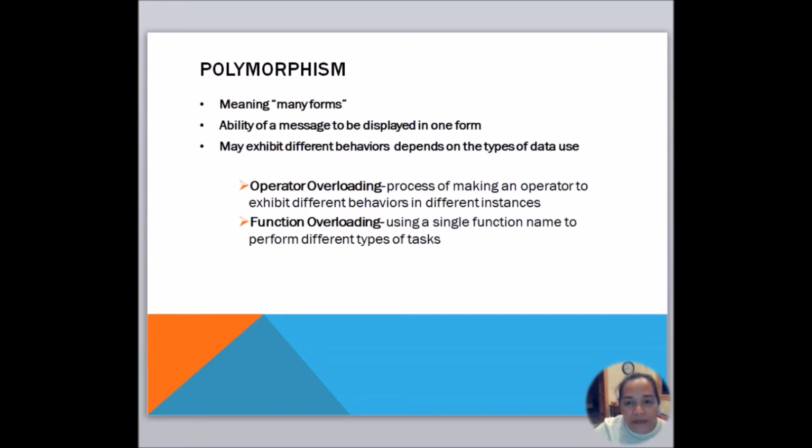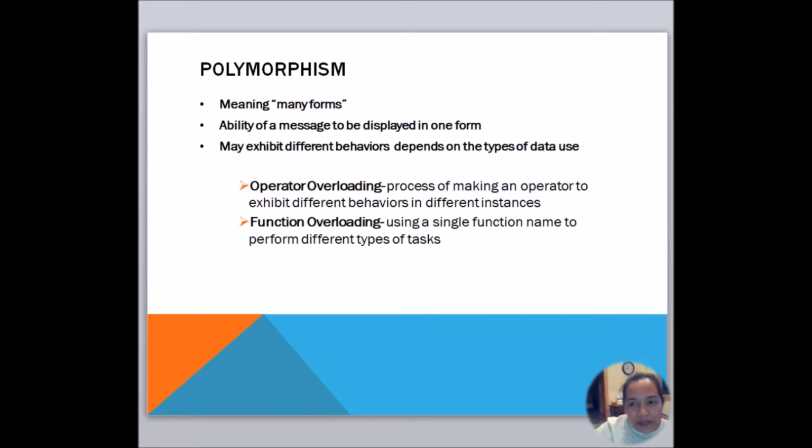So polymorphism. The word polymorphism means many forms. In simple words, we can define polymorphism as the ability of a message to be displayed in more than one form. A person at the same time can have different characteristics, like a man at the same time is a father, a husband, an employee.